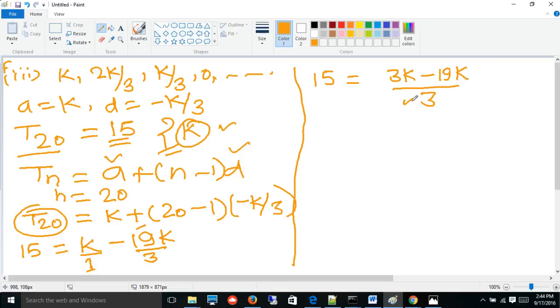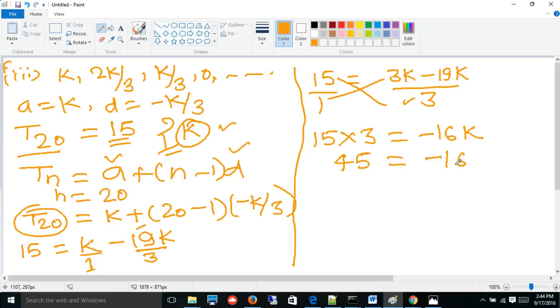Now this 3 is here as a division, so we can do cross multiplication. So 3 will come here and 15 into 3. And here you will get minus 16k. Now here you will get 15 times 3 is 45, equal to minus 16k.